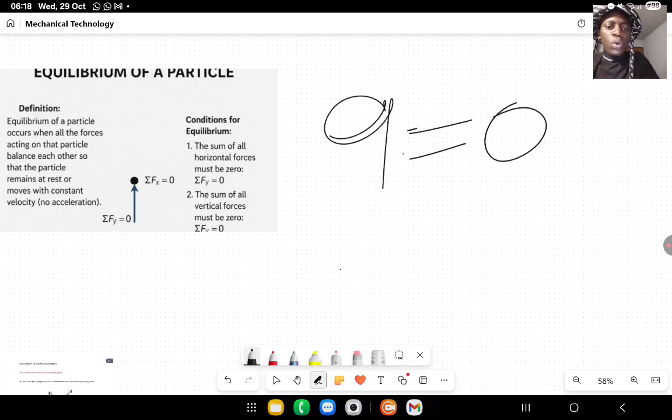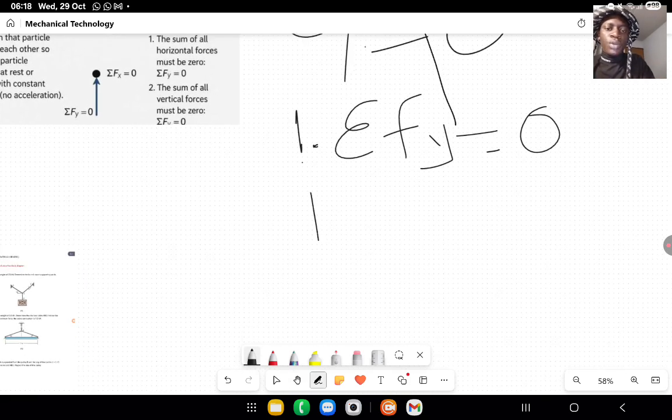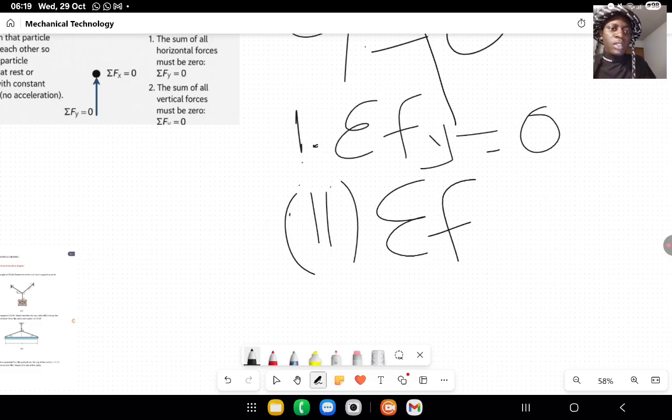Okay, we have two conditions for equilibrium to take place. Number one, the sum of horizontal forces must be equal to 0. Number two, the sum of vertical forces must also be equal to 0.